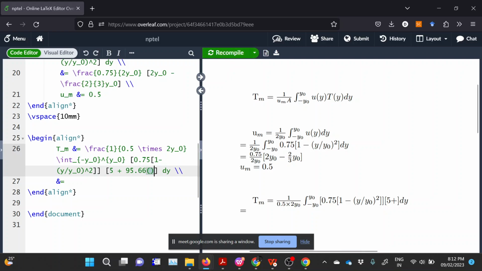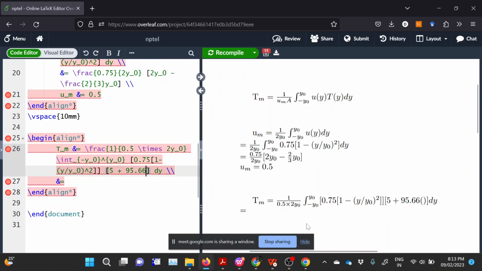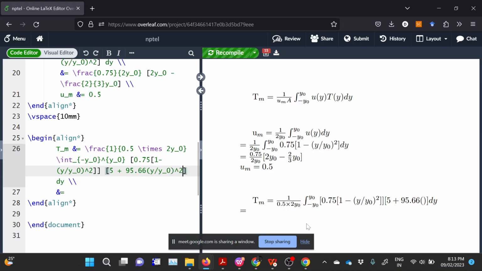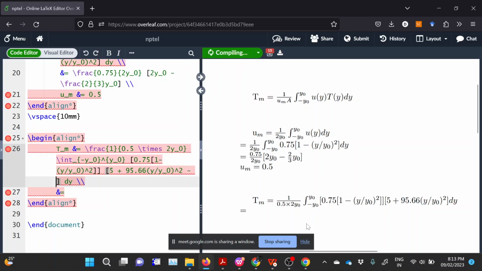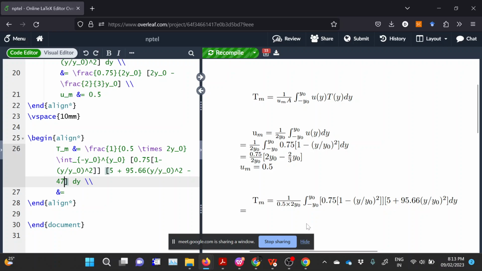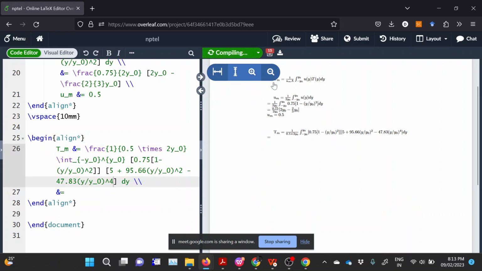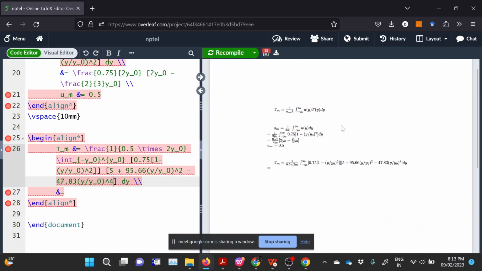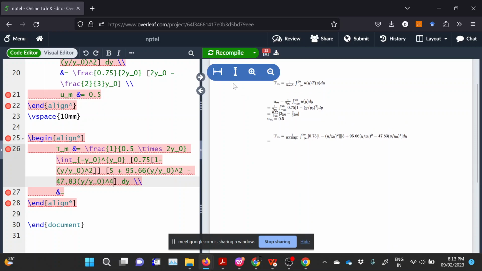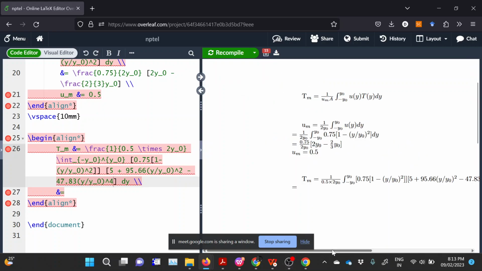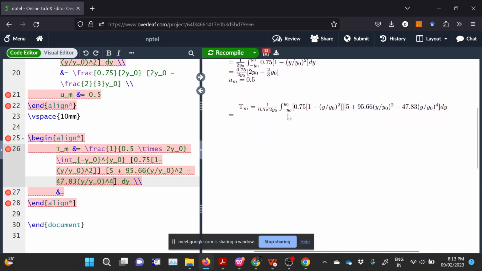So I'll copy this from it. Y plus y0 squared, and then we also had a minus 47.83 into y by y0 to the power 4. So let's zoom out a little here. So this is how the equation looks like now.